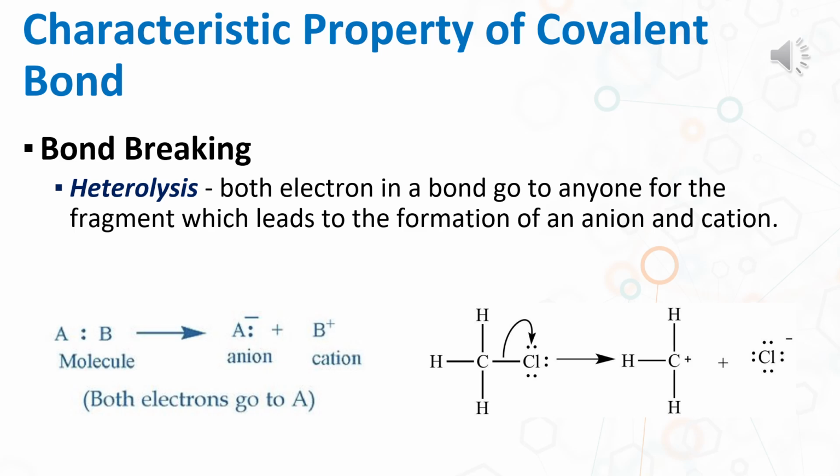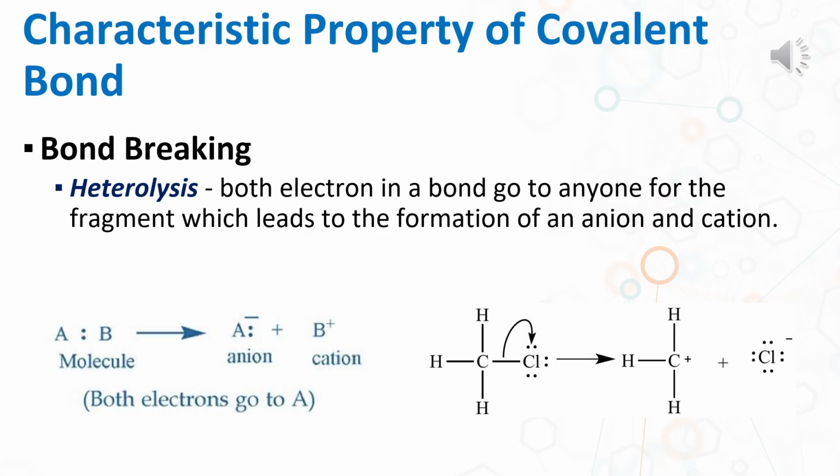So the difference of the heterolysis from the homolysis is that the byproduct of the two, okay, is a free radical for the homolysis, and for the heterolysis your byproduct is an anion and cation, or the negatively charged and the positively charged, okay. So for this one you have hydrochloric acid as your reactant.